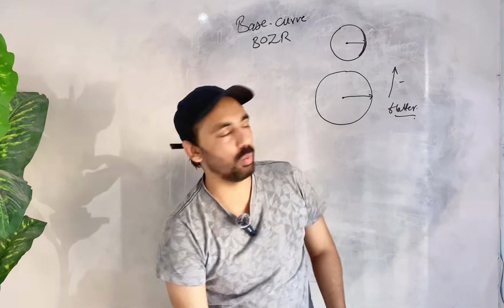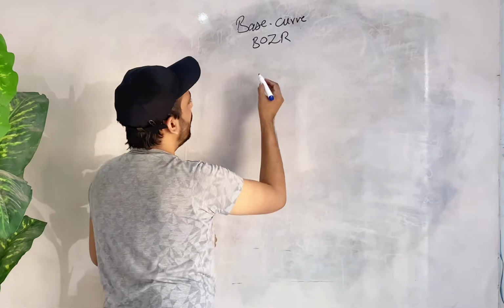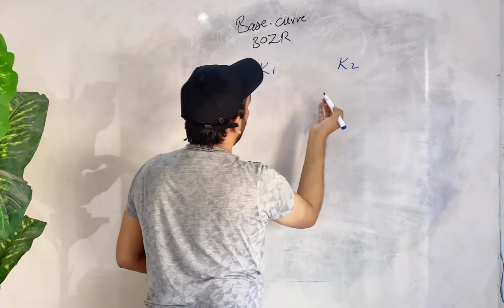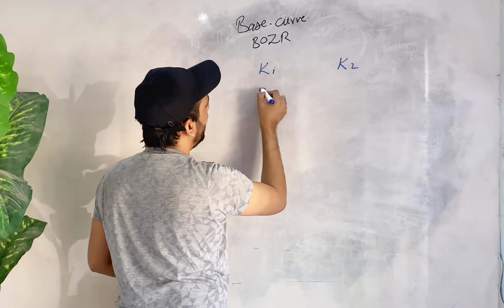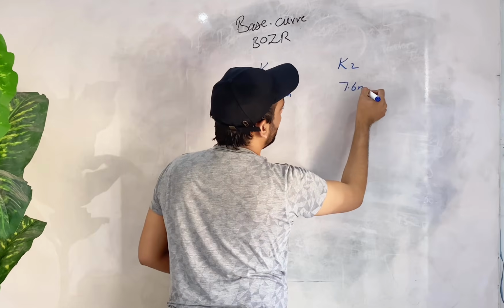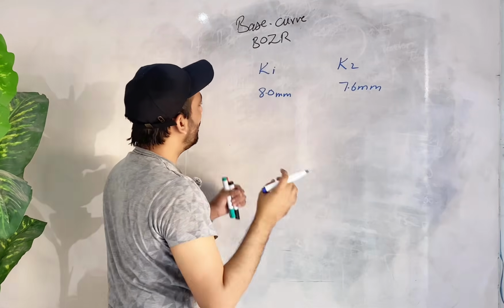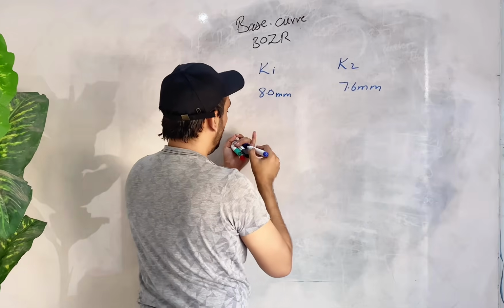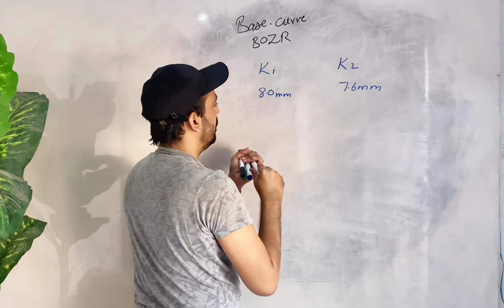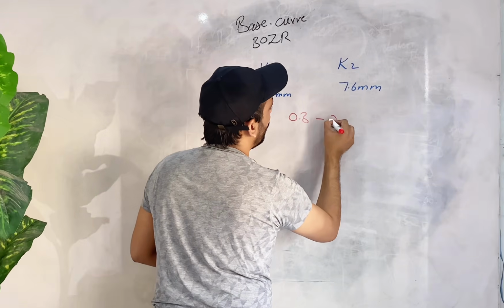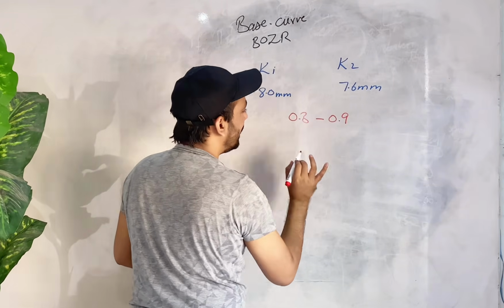So method number one is, for example, this is K1 reading and this is K2 reading. K1 is 8.0 mm and K2 is 7.6 mm, right? Method number one is to add 0.3 to 0.9 to the flattest K reading.